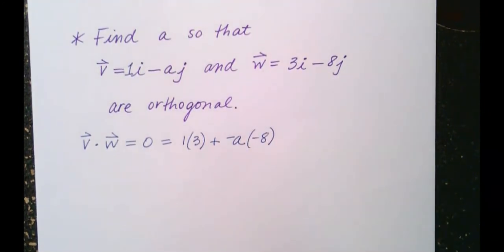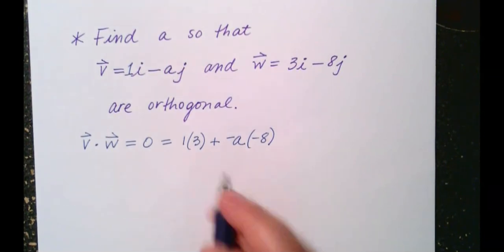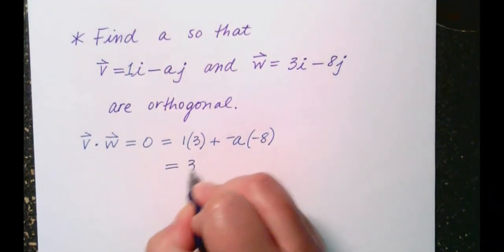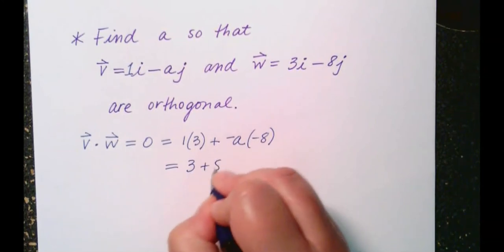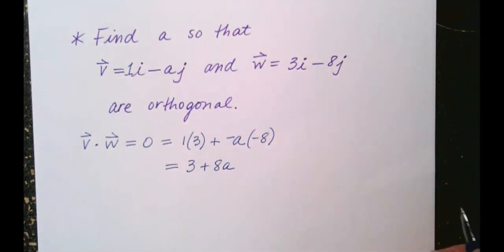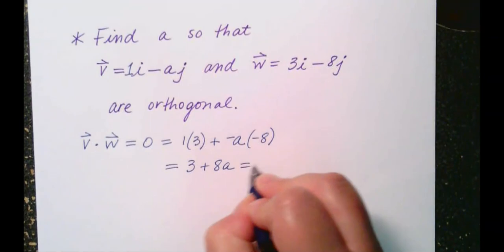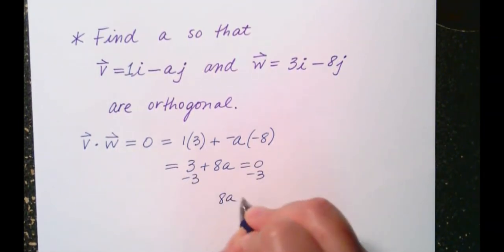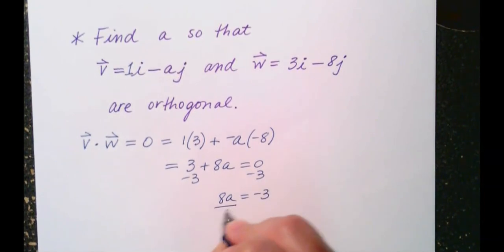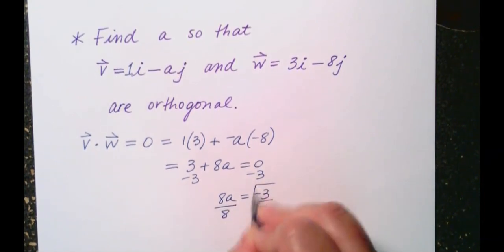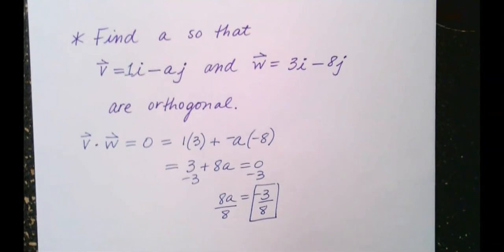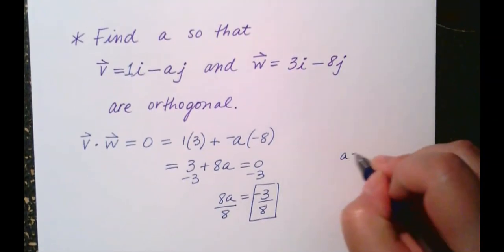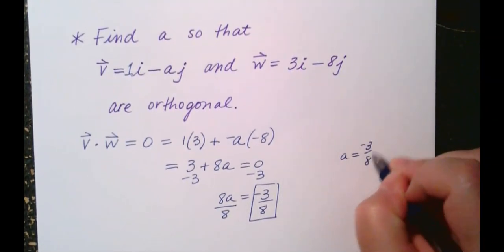It's like a negative 1A. So this is 3 plus 8A, and we said it has to equal what? It has to equal 0 to be orthogonal. So I'm going to subtract 3 from both sides. I get that 8A has to equal negative 3 for this to happen, which means that A has to be negative 3/8. And that's my answer.